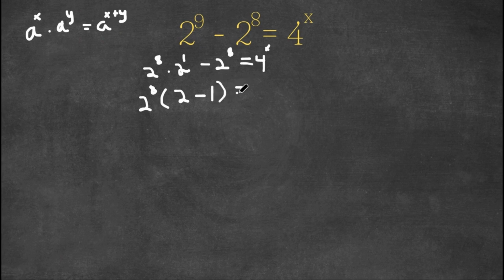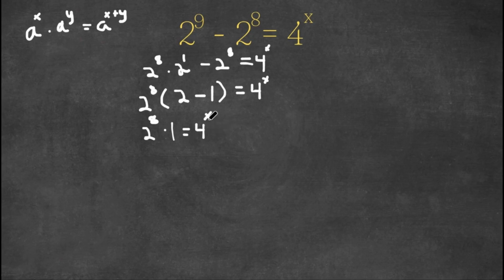And this is still equal to 4 to the power of x. Now, 2 minus 1 is simply 1. So 2 to the power of 8 times 1 equals 4 to the power of x.